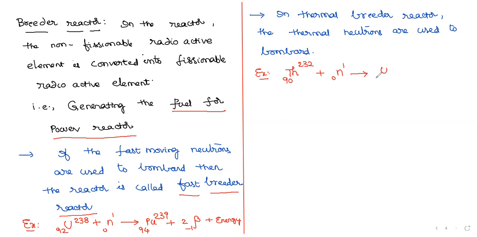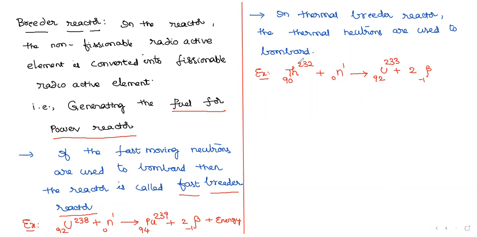In this case you get 92, and again two beta particles, two electrons, giving 92-233. This is also a fissionable element. So here you get fissionable from non-fissionable, and there also. I just gave two examples. This is the story of what he is saying.